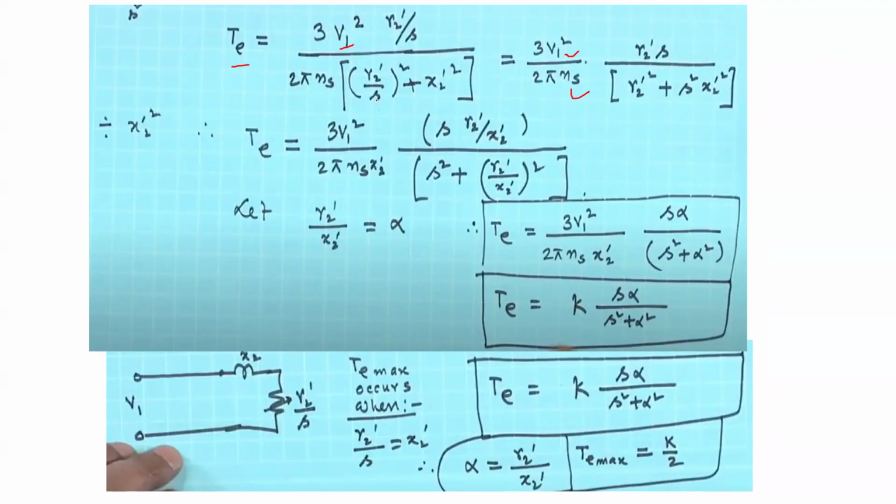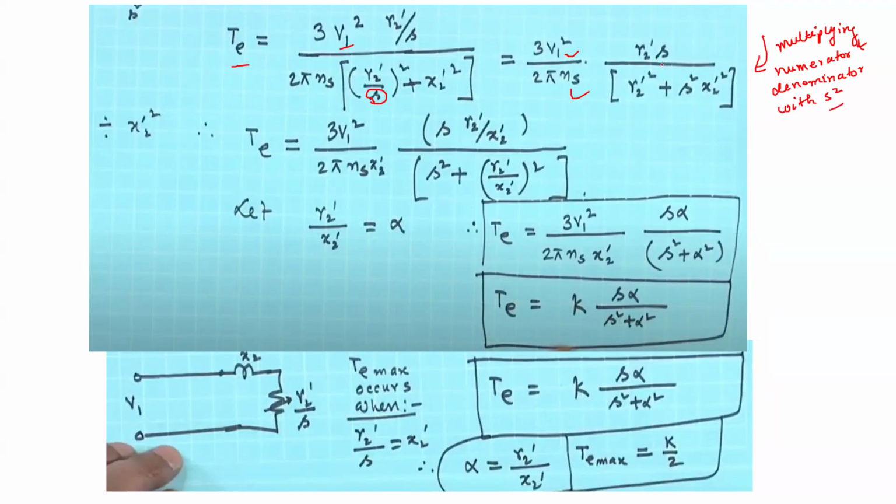Now, we have this S in the denominator, so in this step we multiply numerator and denominator by S squared.